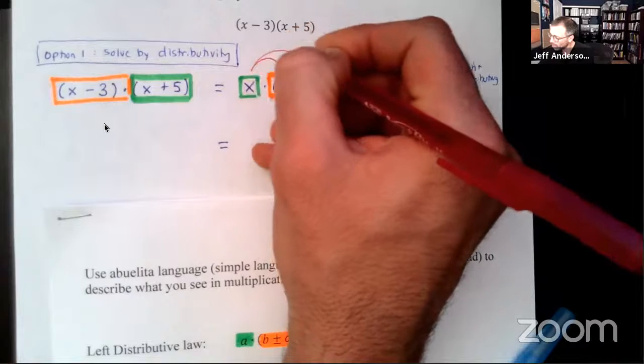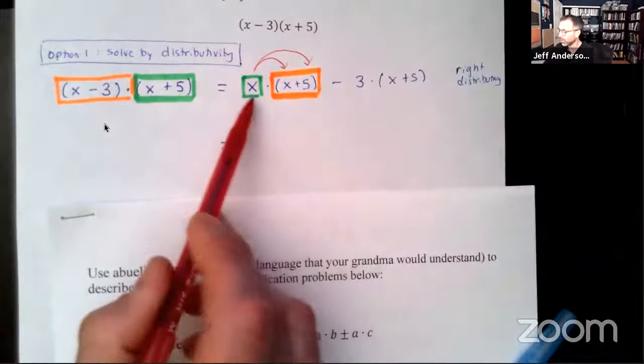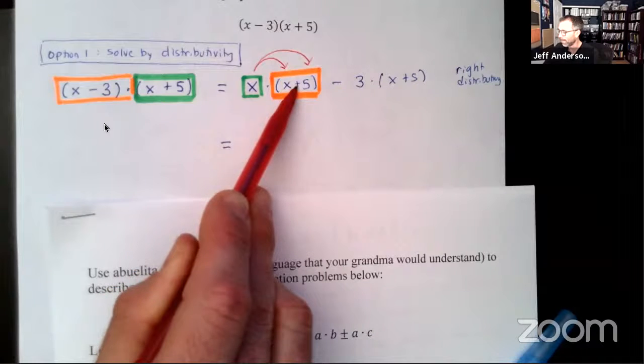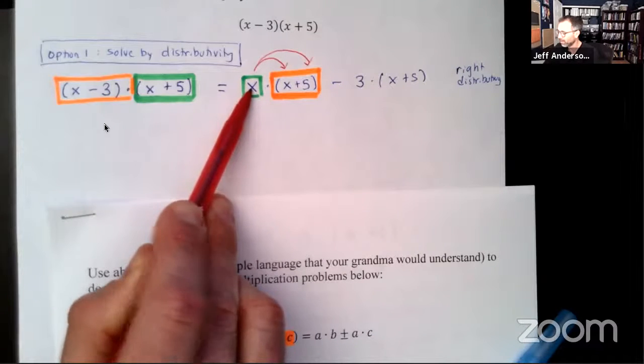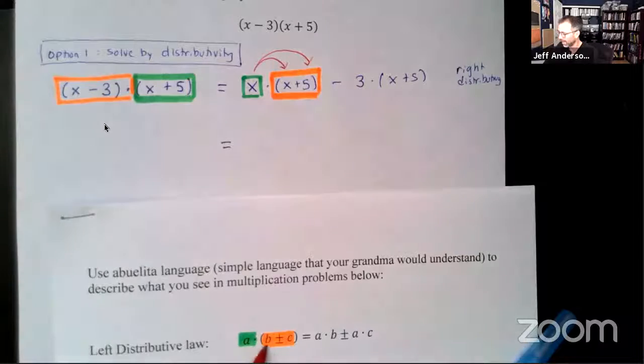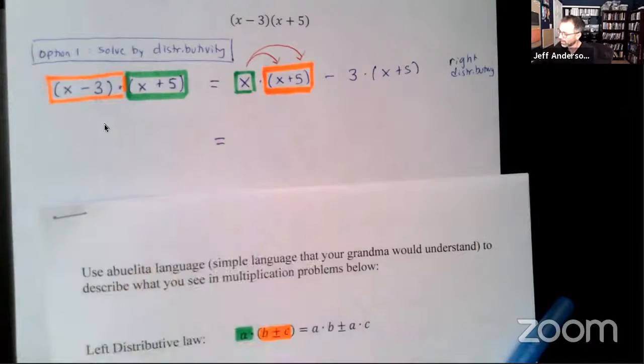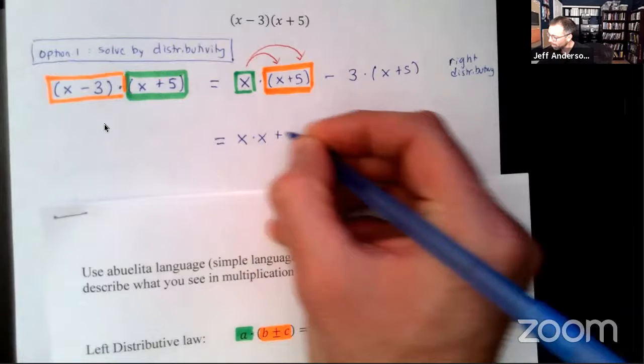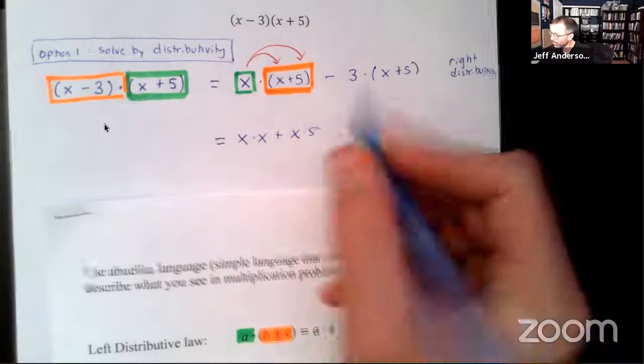I'll make it rain. Just like little Tucci, right? So here, when I take the multiplication, I can pass through the addition. I can pass one copy of that to the first part, that B part, and one copy to the second part. So here I've got X times X plus X times 5.